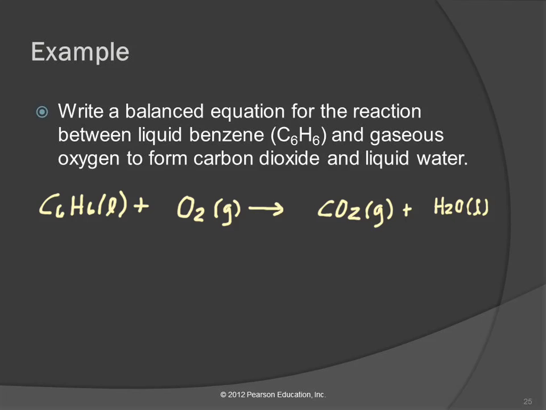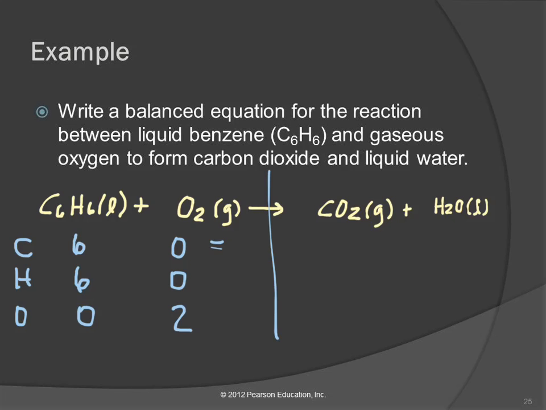Okay, so let's do our little thing down here. We've got carbon, hydrogen, and oxygen. In the benzene, we have 6 carbons, 6 hydrogens, no oxygens. In the oxygen, we have no carbons, no hydrogens, and 2 oxygens.